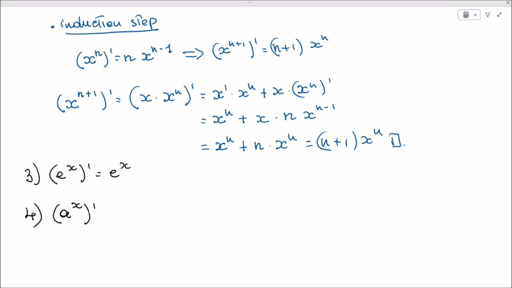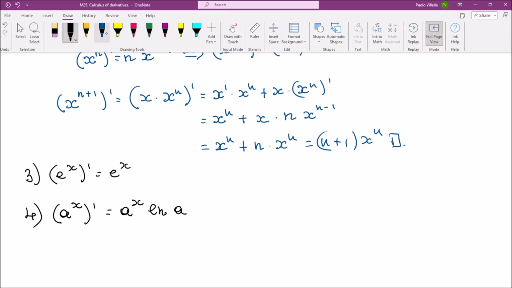So we have another exponential with a new base. The base is now a positive number, and we want to find the derivative of a to the x. And it turns out that this derivative is given by a to the x times the logarithm of a.